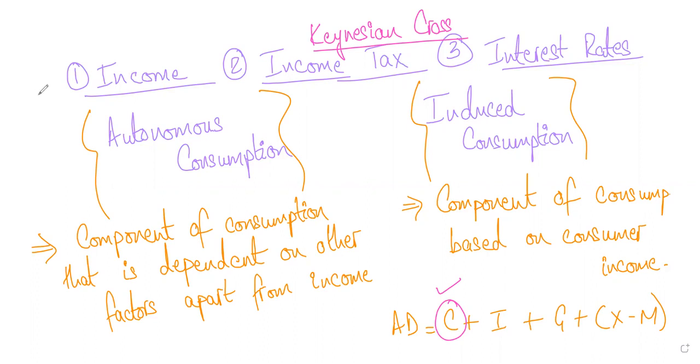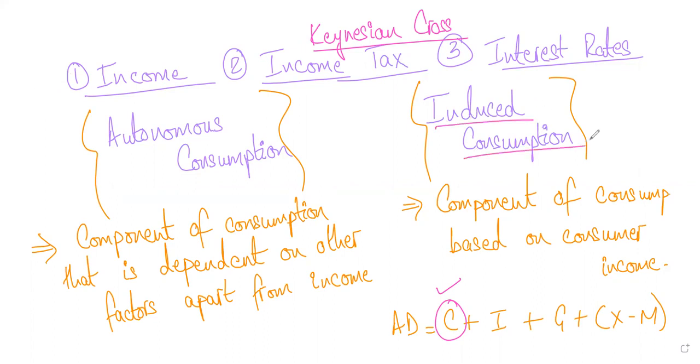As we have already discussed over here, income is a major factor affecting consumption. Income tax is a major factor affecting consumption. Interest rates, and so on and so forth, right? Now, to divide all these factors that affect consumption of an individual, we have divided these in 2 categories.